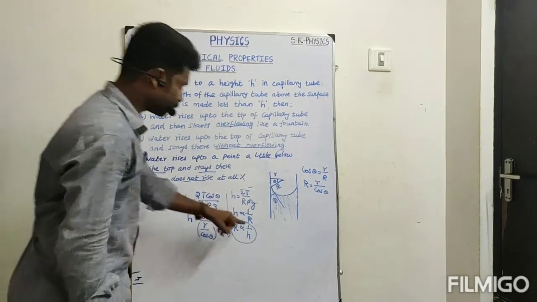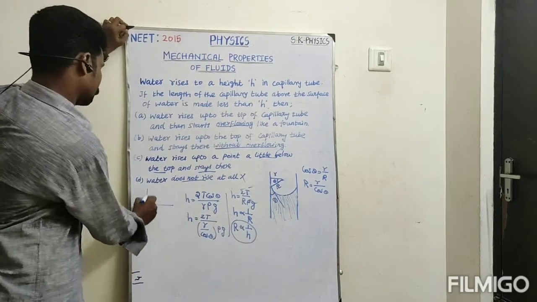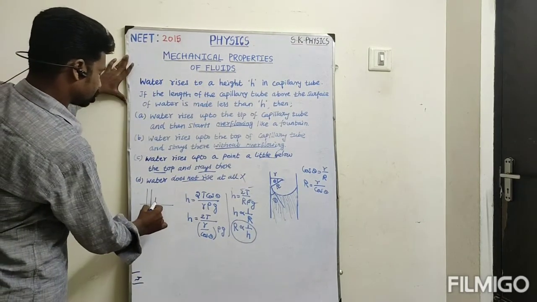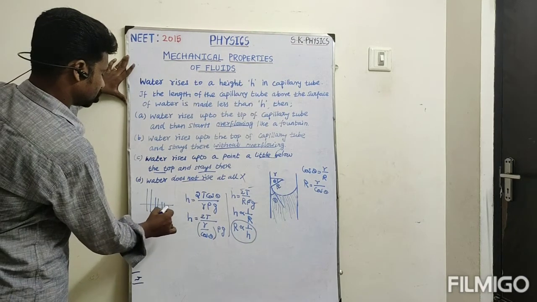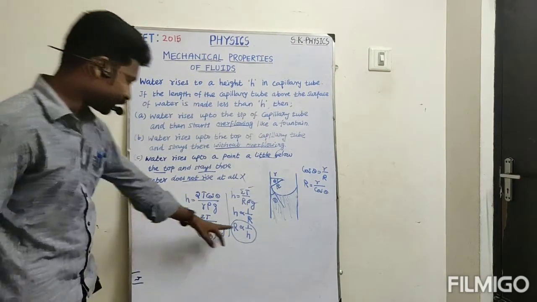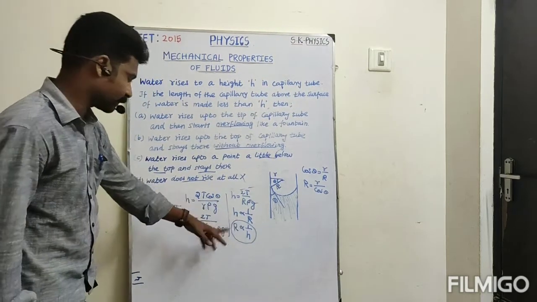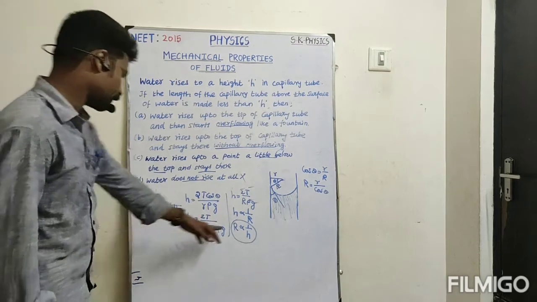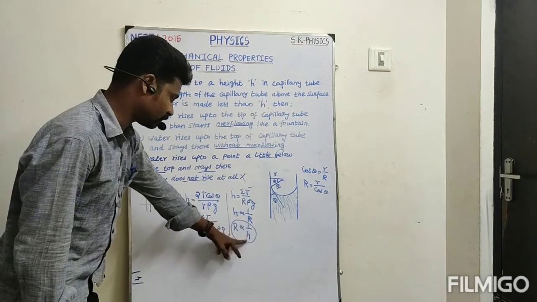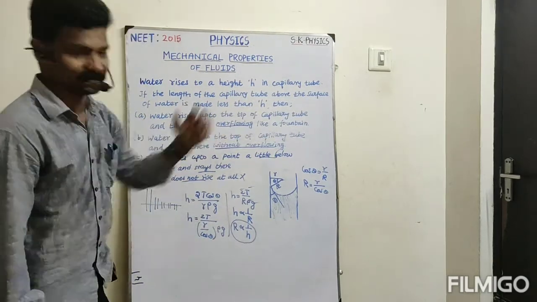So please listen, when the height is reducing, for example, this is more height, now we reduce the height, again reduce the height, again reduce the height. What happened when the height is reducing? The radius of the meniscus is increasing. Finally, suppose the height is 0, then what is 1 divided by 0, that is infinity. So R becomes infinity, that means it becomes flat.